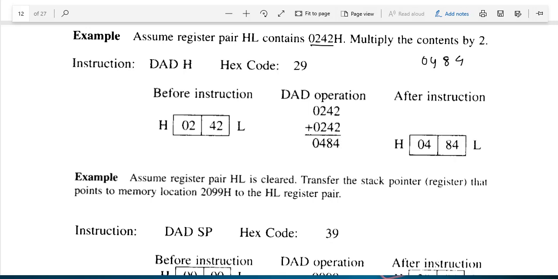How can we achieve it? We can achieve it if we write the instruction DAD H. It will add HL with HL and the result will go to the HL register pair. So HL has 0242. So 0242 plus 0242 result will be 0484, and it is the same as if we multiply the data 0242 by 2.